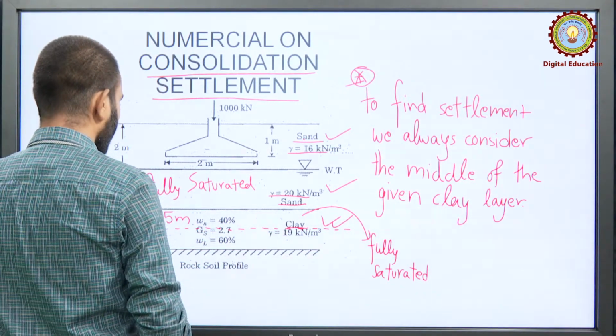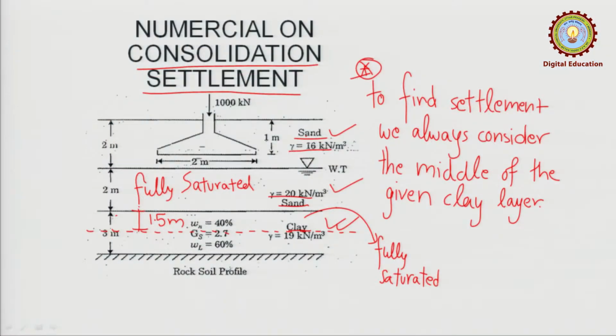Second point, this layer is 2 meter in width, and this is also 2 by 2, it is a square, already written in the question. But while calculating the dispersion of the load, we will consider from this level only. How much is this? This is 1 meter. Now let us further proceed, then we will understand the other concepts.